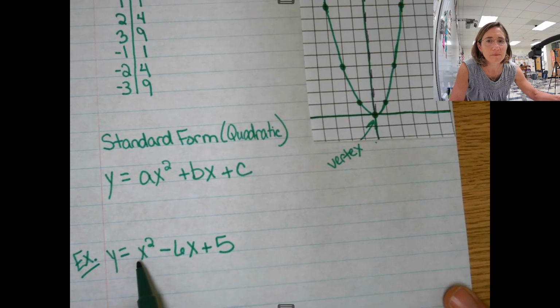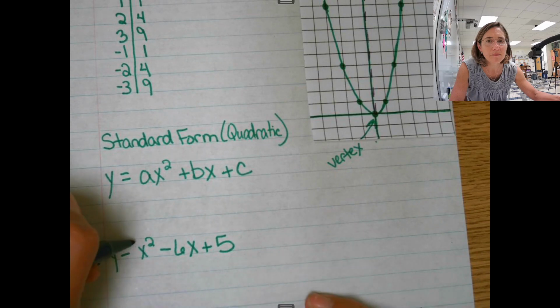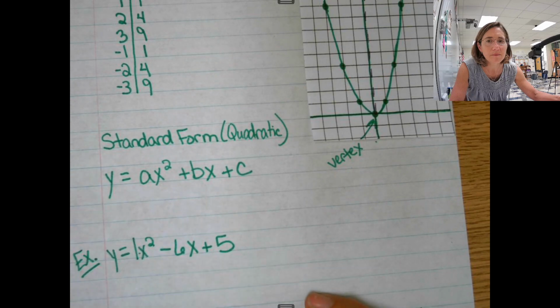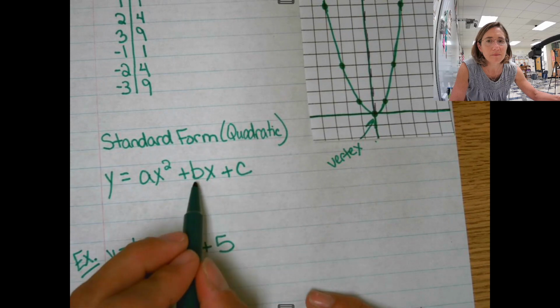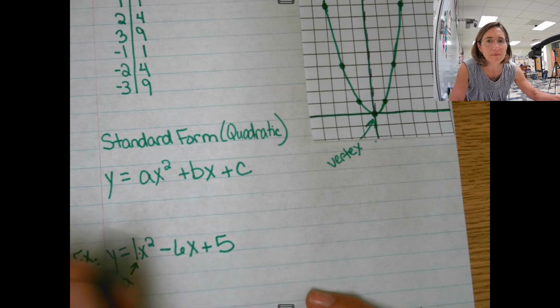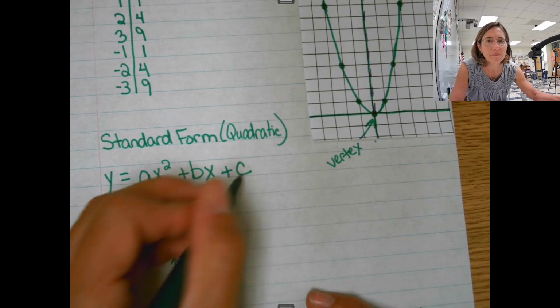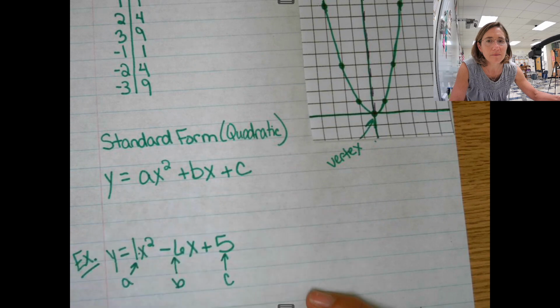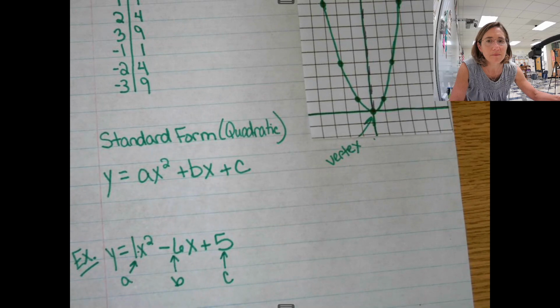If you just have an x squared, but you don't specify how many x squareds you have, that's a coefficient of 1, because multiplying by 1 doesn't change the value. So in this case, we have an a value of 1. The b value is the coefficient in front of the x, so that would be your -6. Notice I'm saying -6 because that sign goes with it. So our b value here is -6. And the constant in this case is the 5. So we've identified what the coefficients are in standard form.